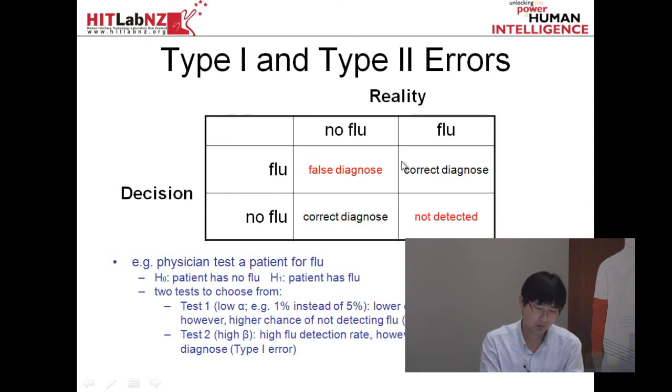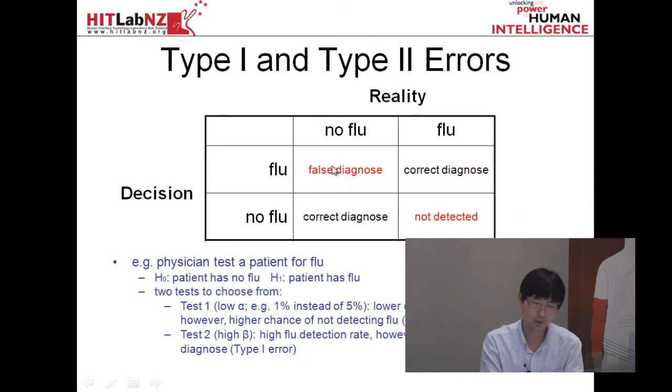And if you think of the relationship between these two, if you make alpha, which is the probability of making type 1 error, as low as possible, you are making the chance of false diagnosis lower, but the other way around, you're also making the chance of not detecting the flu higher.